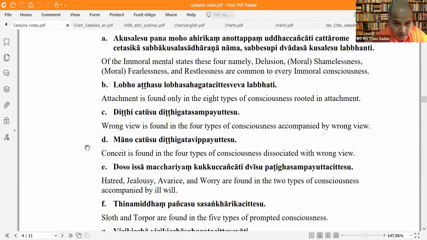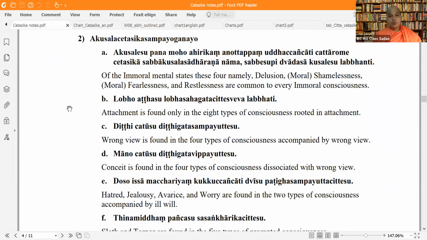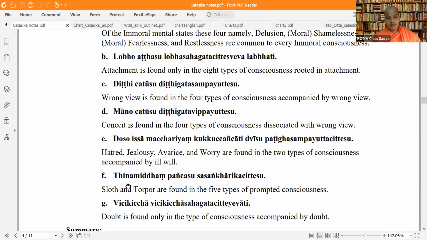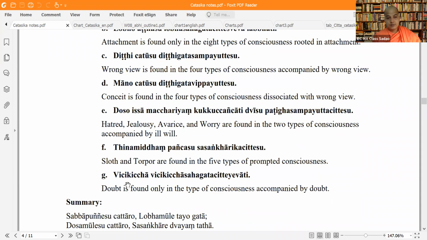Okay, so similarly, if you look at the Chaitasikas belonging to this category, Akusala Chaitasikas, it is very simple to understand because all these Akusalas appear only in the Akusala Chittas. So you have Lobha, Dosa, Ditthi, Mana, Dosa, Thina Middha, Vichikiccha.